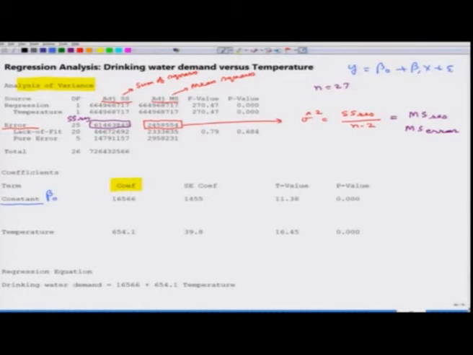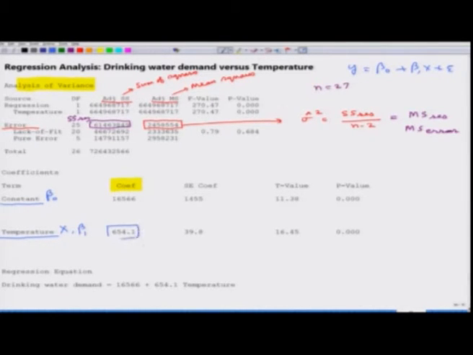So beta 0 is your constant, and similarly temperature is here your x variable, for which the regression coefficient is beta 1.